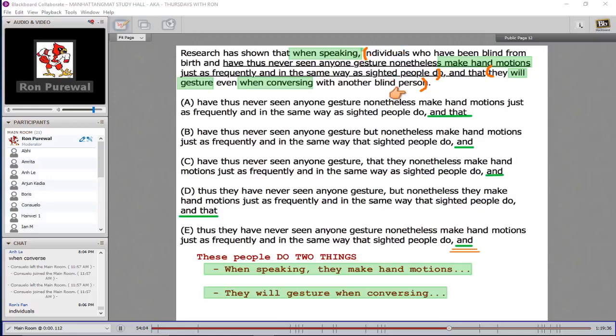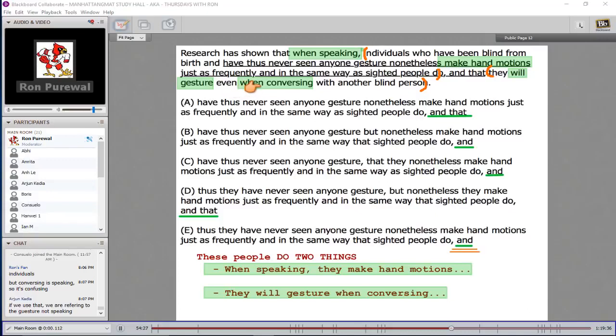In fact, if you write the sentence like E, or also like B or C, you're actually saying that when speaking applies to all of this. It applies to individuals, because when speaking, comma, parallel structure. So you would be saying that when speaking also is talking about this.